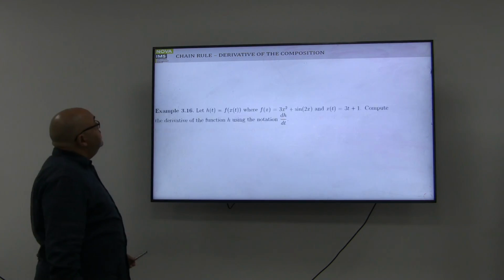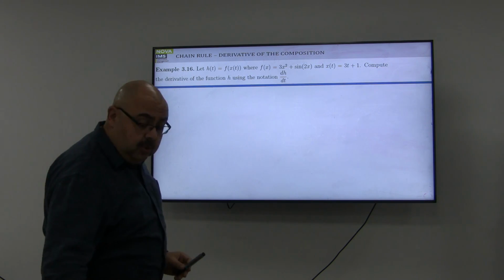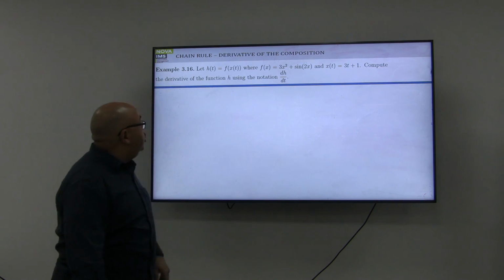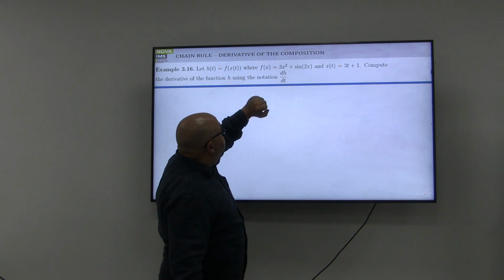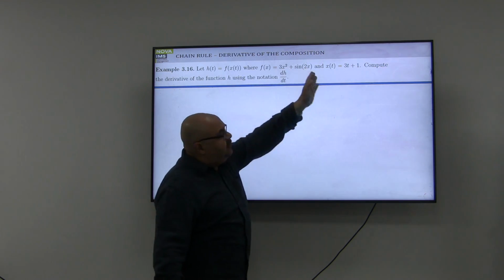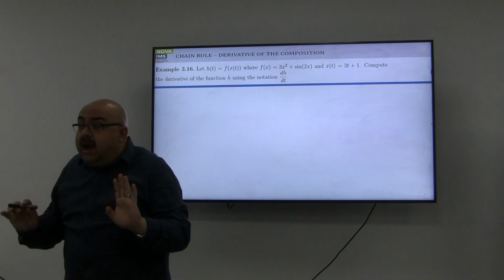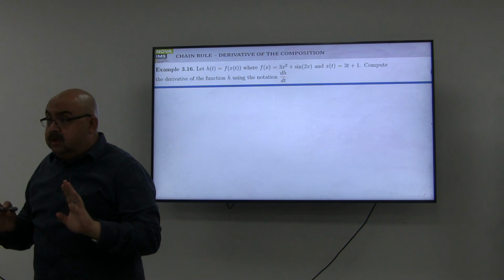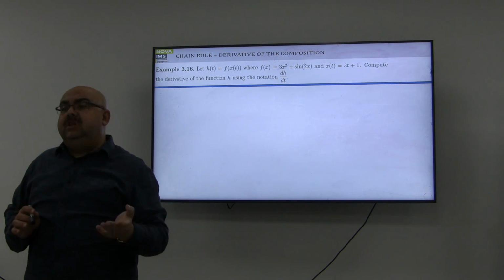As I told you, it's explaining that f is a function of x and x is a function of t. Let's see this problem you have here: he wants you to find dh by dt for the function h, which means f composite x, or f of x, and x of t, where x is a function of t. So all I have to do are very, very simple steps. Be sure about the number of variables that you are dealing with.